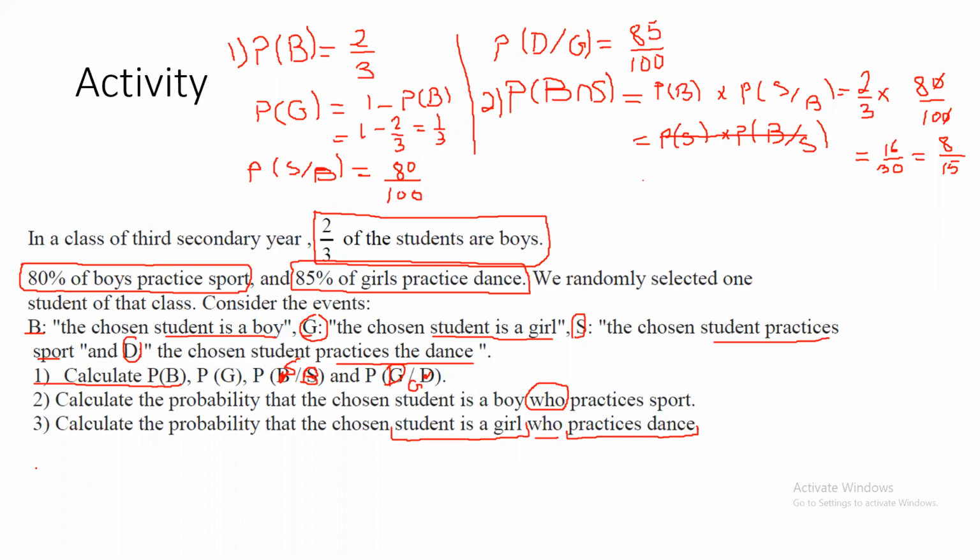What are we going to determine? Probability of girl intersect D equals the probability of girl times the probability of D given G.